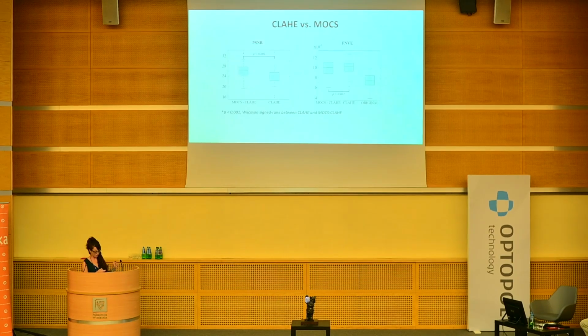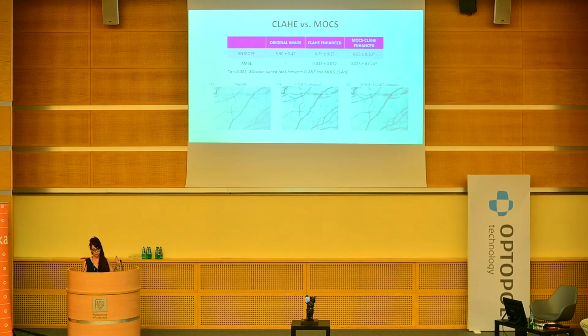So even if the difference between the classical CLAHE and the optimized CLAHE is very small, it's very significant, because in both cases I tried to optimize the entropy of my image. And what's more, in the optimized one, I keep much more brightness. You cannot see it here very well, but this one has more noise than this one.